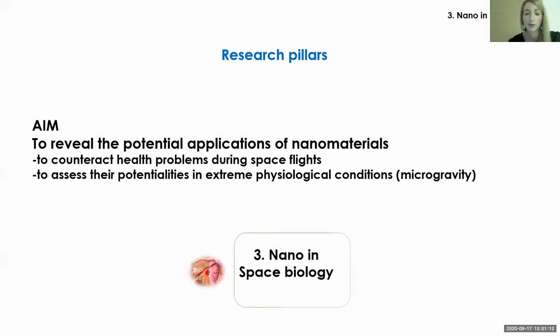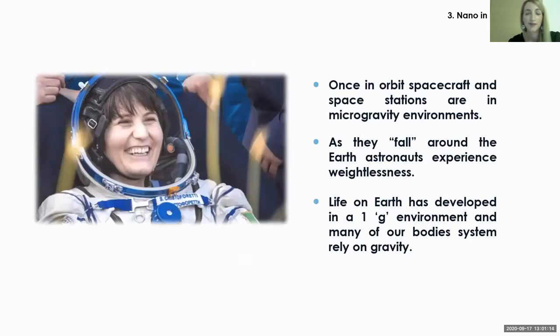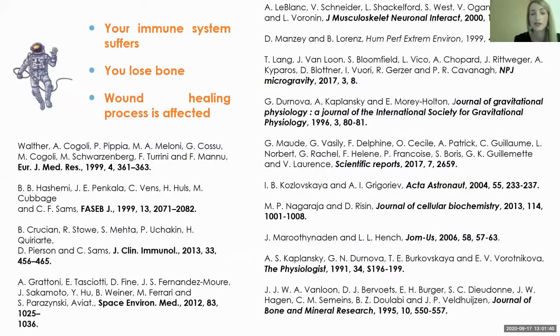This is one point, but before going to that, we have to remind ourselves: what is the big difference? The big difference is the microgravity environment. All the problems we can have in using nanomaterials on Earth can be even more problematic if we think about microgravity.